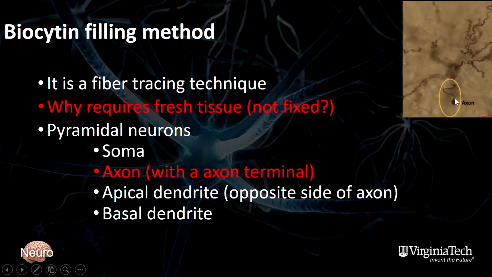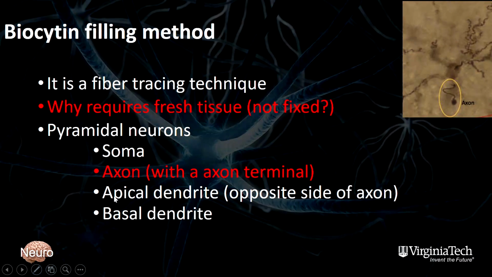And how do you tell if that is an axon or a piece of dendrite? So all the axons of all the pyramidal cells will have an axon terminal, which is this little guy here. And what is inside this axon terminal? That is neurotransmitters, right? And that is really how you identify an axon. If you don't see an axon terminal, it's probably a dendrite.